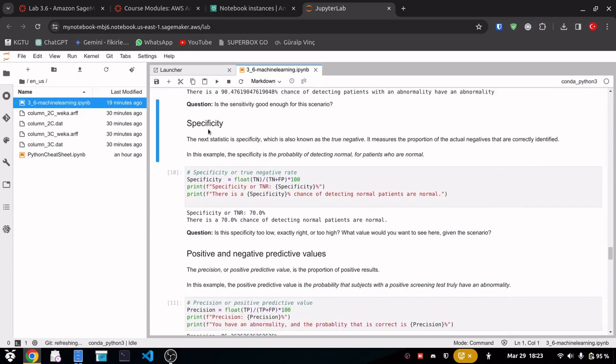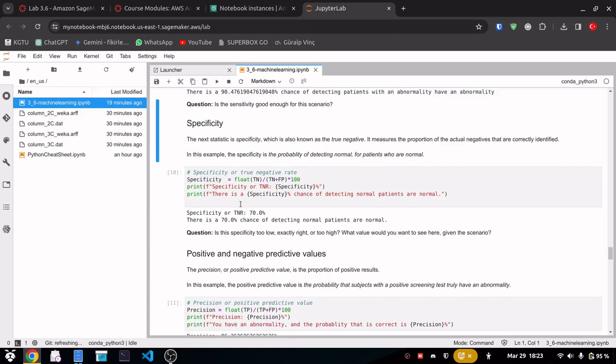The next statistic is specificity, which is also known as the true negative rate. It measures the proportion of the actual negatives that are correctly identified. In this example, the specificity is the probability of detecting normal for patients who are normal.